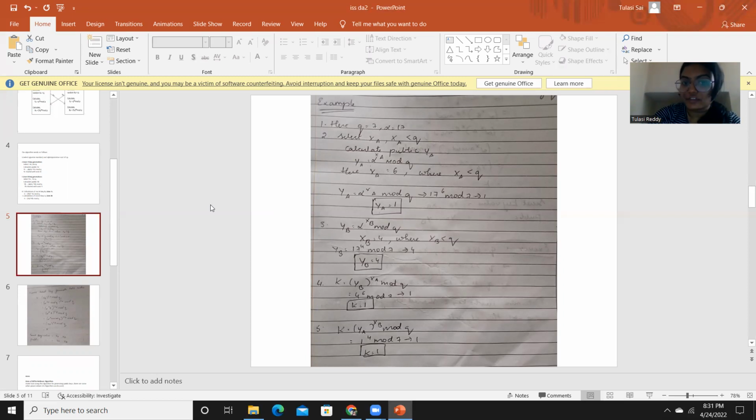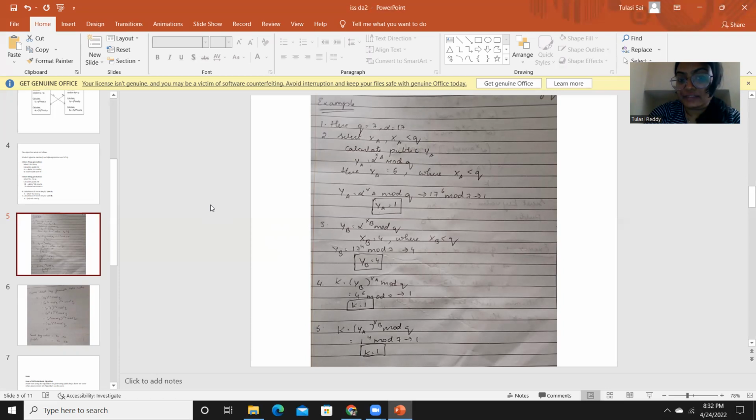YA is equal to alpha to the power XA mod Q. Alpha is 17, so 17 to the power 6 mod 7 is equal to 1. That means YA is equal to 1. In step number 3, we have to calculate YB is equal to alpha to the power of XB mod Q. So XB, as we always know, is 4.